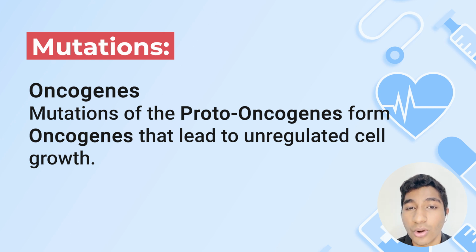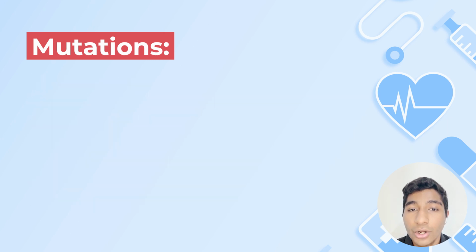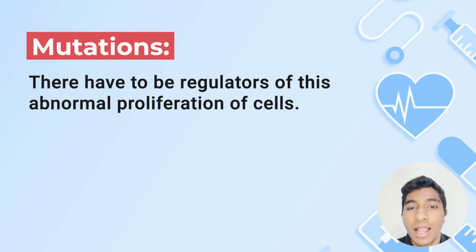Mutations of proto-oncogenes, which are the precursors of these oncogenes, form oncogenes that lead to unregulated cell growth. They are associated with a few things, but let's not get too complicated by discussing the various growth factors and the growth factor receptors. But when looking at mutations, right, there have to be regulators of this abnormal proliferation of cells as well.